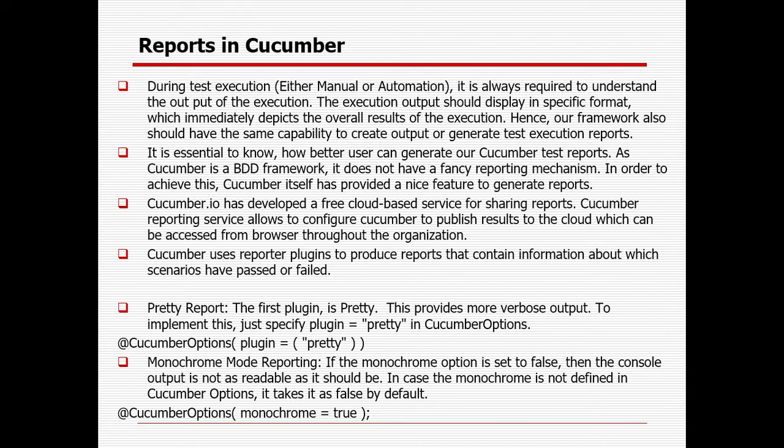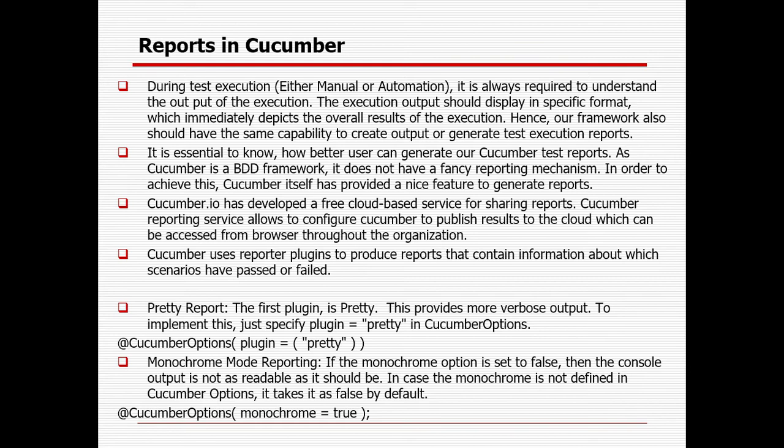Cucumber.io has developed a free cloud-based service for sharing reports. The Cucumber reporting service allows you to configure Cucumber to publish results to the cloud, which can be accessed from a browser throughout the organization you are working in. Cucumber uses a reporter plugin to produce reports that contain information about which scenario has passed or failed, and within the scenario how many steps have been executed, passed, failed, or skipped.